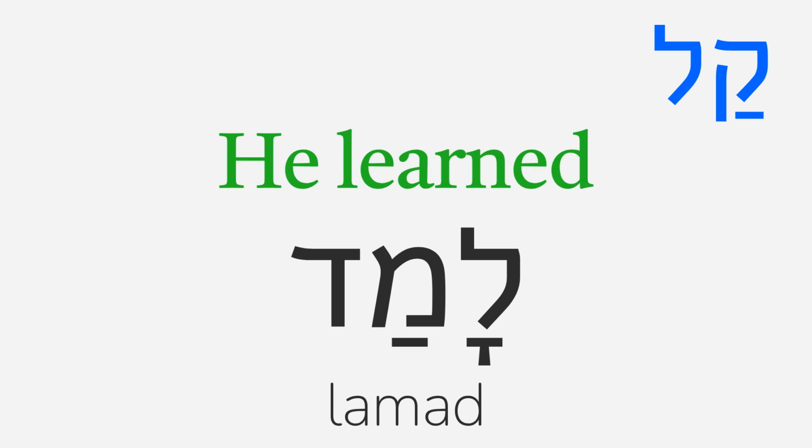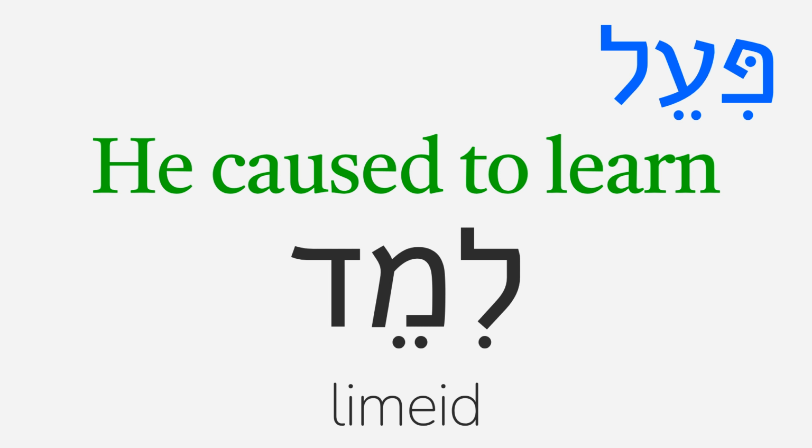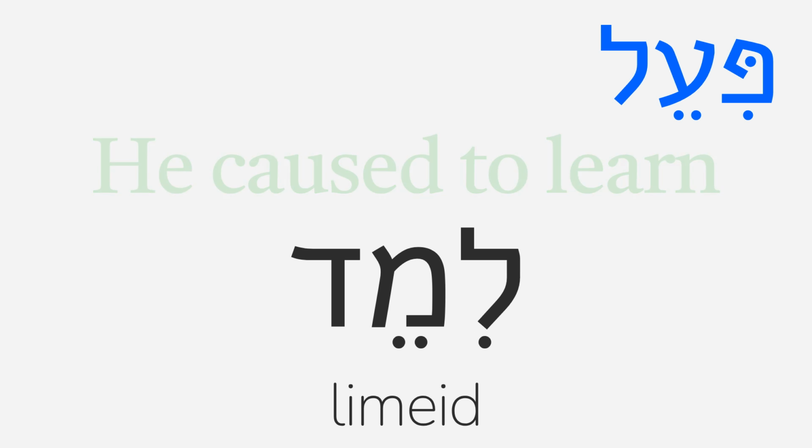And sometimes the pi'el can have a causative meaning. The kal verb lamad means he learned. If we take the root lamed mem dalet and put it in the pi'el binyan, limed, it now has a causative meaning. He caused to learn, or put more simply, he taught.